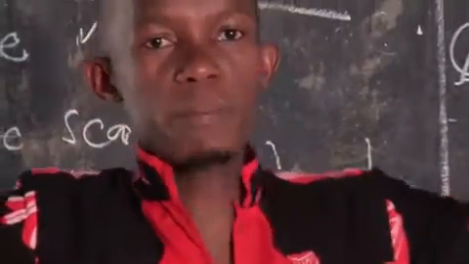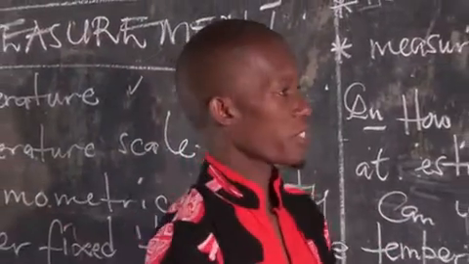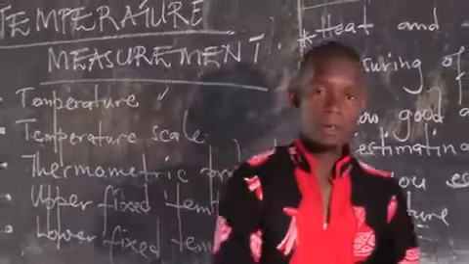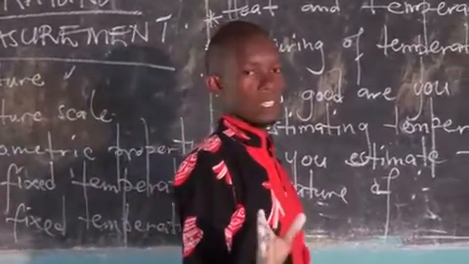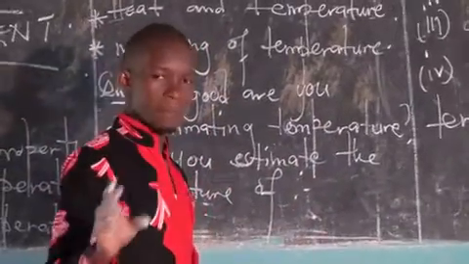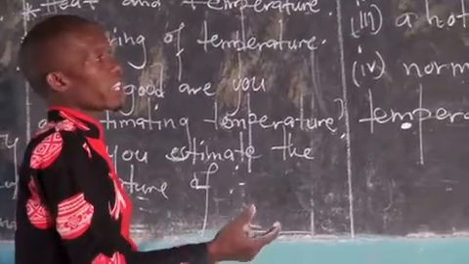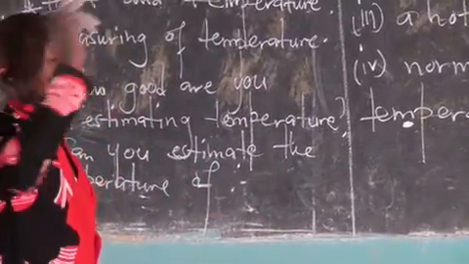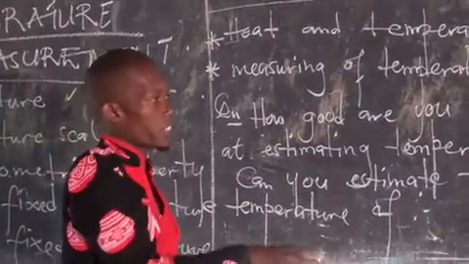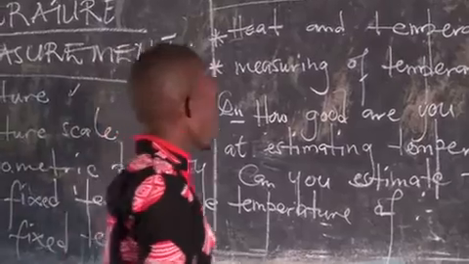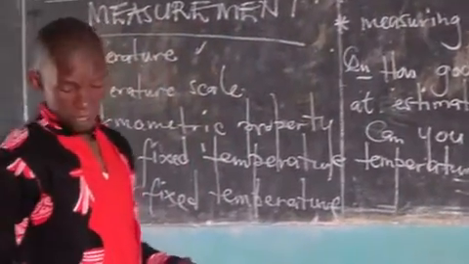From here I can estimate the temperature of this room, and I say it is 23 degrees Celsius. That is the way of estimating. It is upon you to estimate. You don't use an instrument to estimate; you use an instrument to get the actual temperature. This is your small task under measuring the temperature.